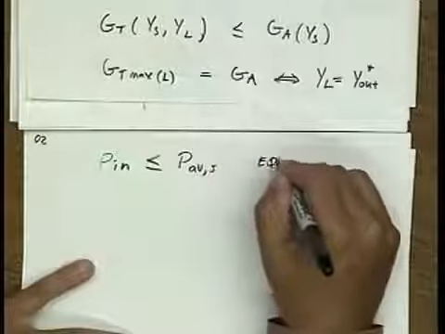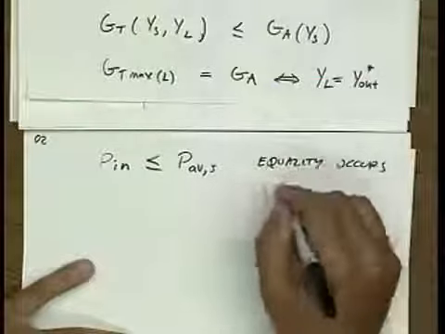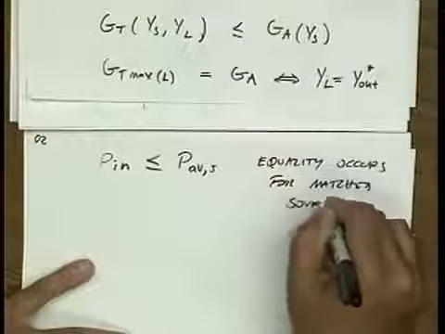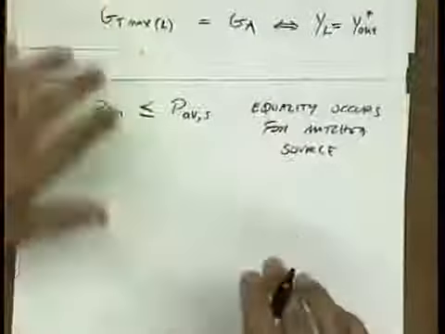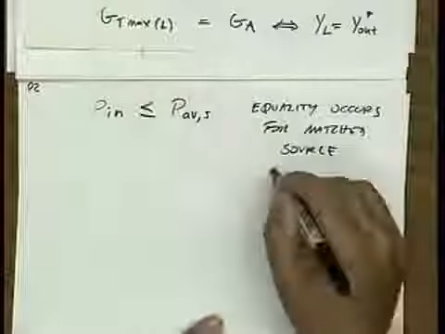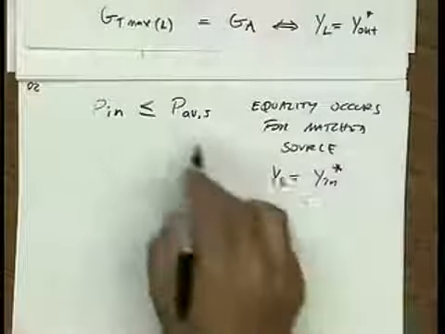So equality again occurs for a matched source. In other words, when the source admittance is equal to the complex conjugate of the input admittance, then we have equality.